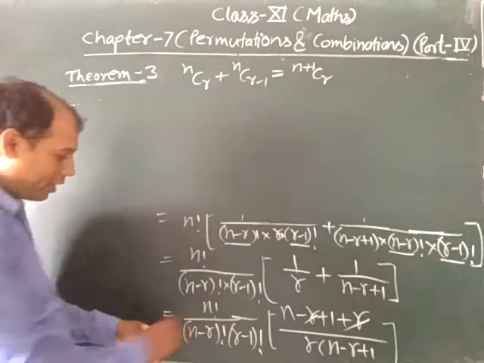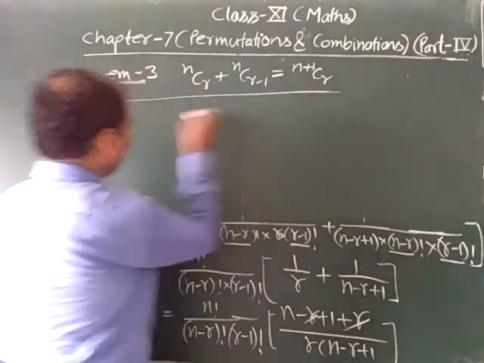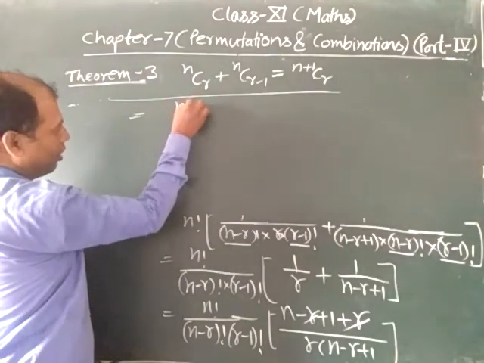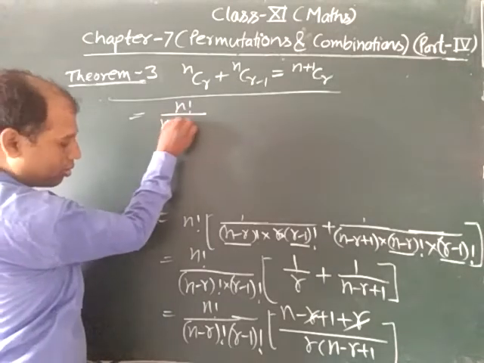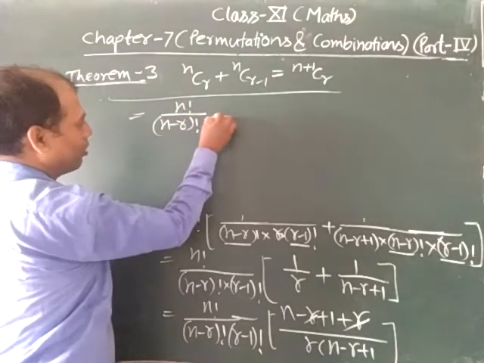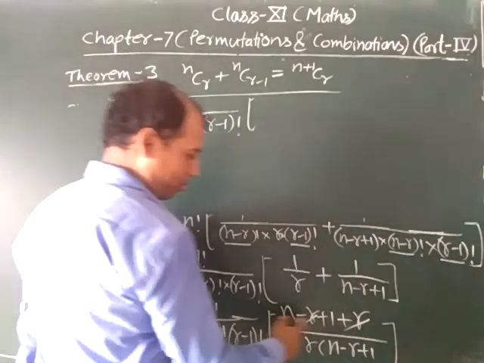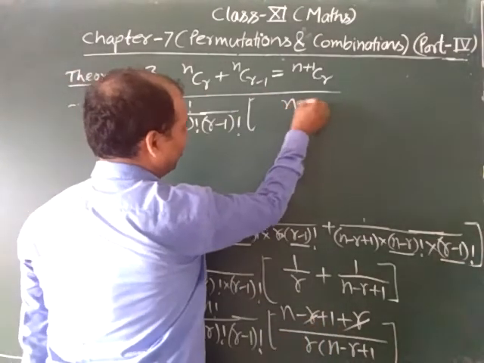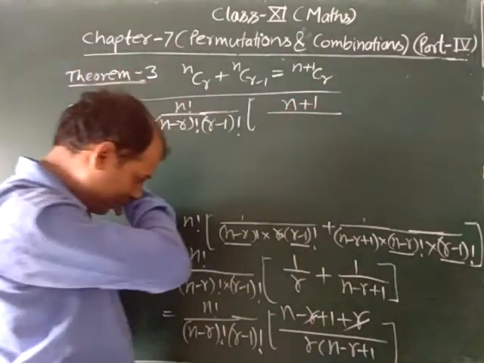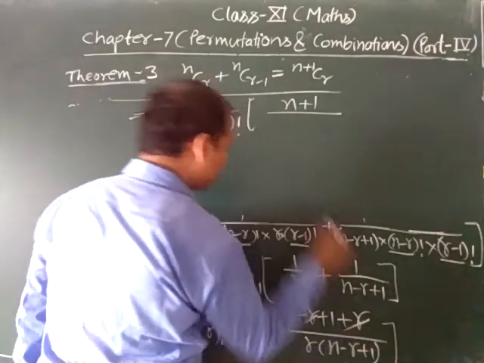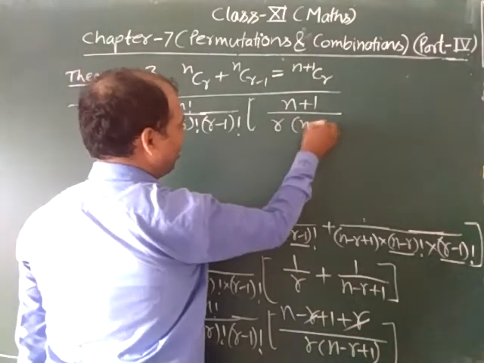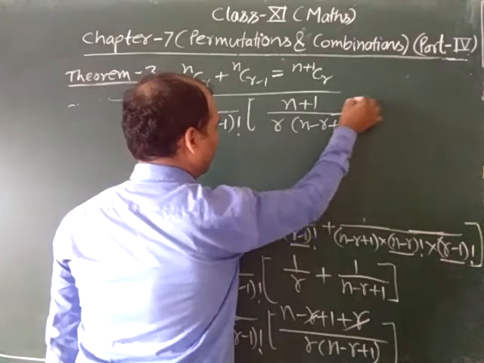Now it can be written as factorial n by n minus r factorial r minus 1 factorial, and from here we can write n plus 1 by r into n minus r plus 1.